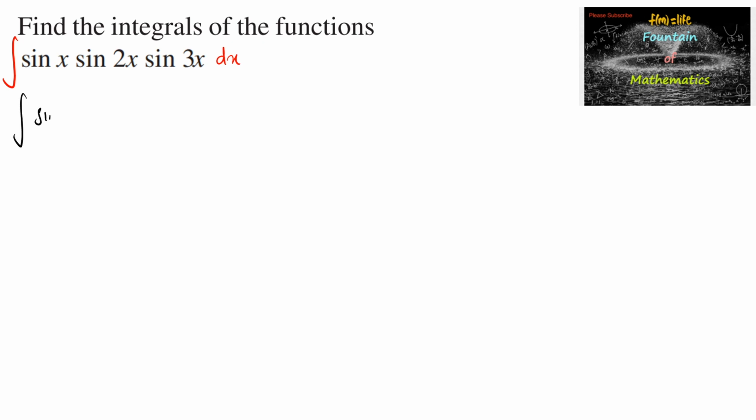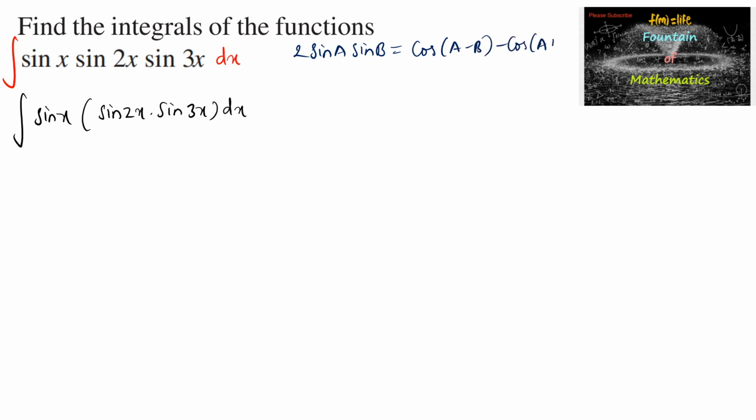Let us write it as sin x into sin 2x into sin 3x dx, and we know that 2 sin a sin b is equal to cos a minus b minus cos of a plus b, or sin a sin b we can write 1 by 2 times of cos of a minus b minus 1 by 2 times of cos of a plus b.